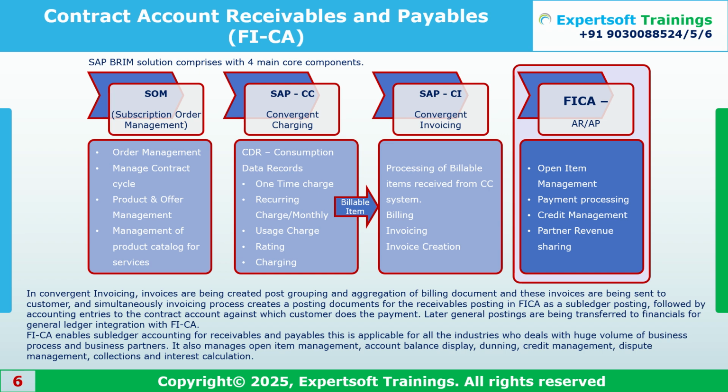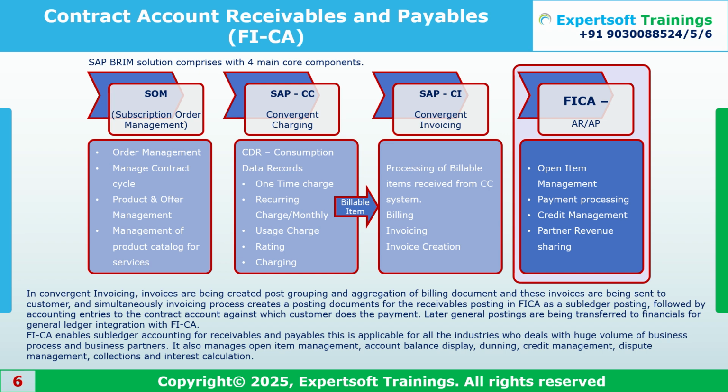So when FICA starts, as soon as you perform any payment event transaction, whether you are doing an invoice. My understanding is that once you generate the invoice, only then does the posting happen to FICA, right? Exactly. Okay. With reference to the convergent invoicing document, your FICA document should get posted automatically, not manually, and that should always be after the invoicing is created. Not only invoicing, any payment event transaction.